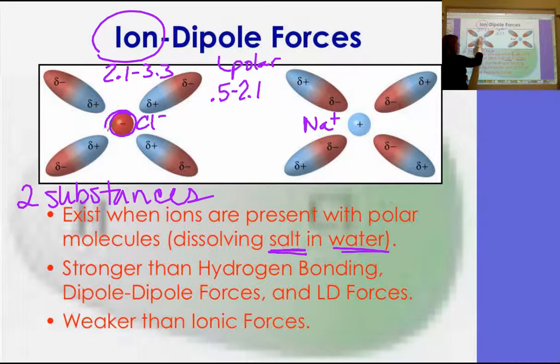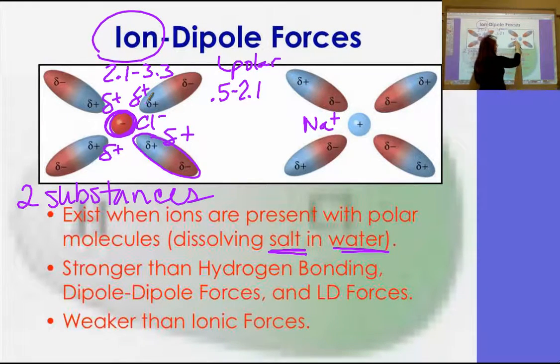The water, all the negative chlorines, attract the partial positive of the water. So the waters just surround the chlorine, because it's negative, with their positive ends. The flip side happens with sodium. Since it's positive, this would be like all the oxygens.